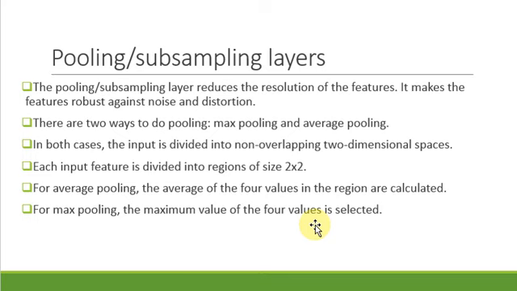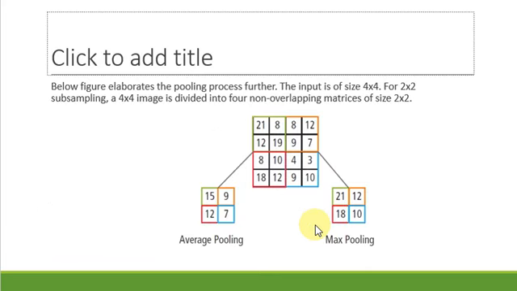Okay, in both cases the input is divided into non-overlapping two-dimensional spaces, so these regions will be of size 2 cross 2. In average pooling, we find the average of these four values, and in max pooling we select the maximum value of these four values. So here is the average pooling.